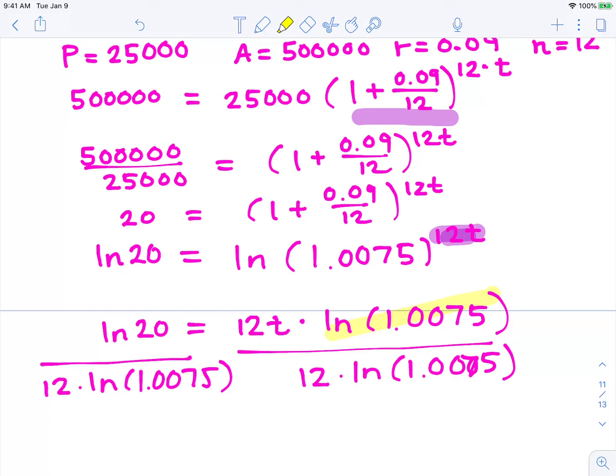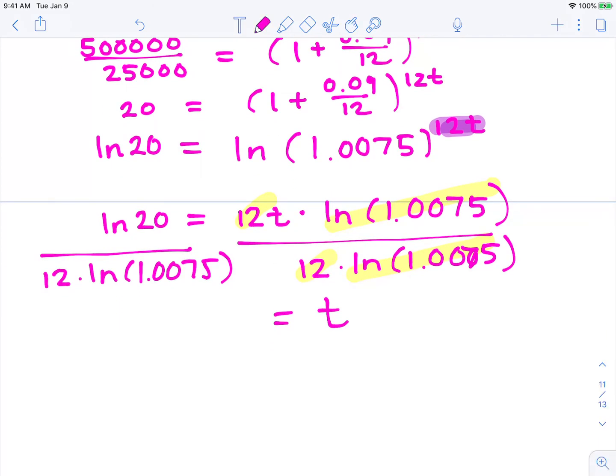The natural log cancels, the 12 cancels, and we're left with just t on the right. The left side is our fraction that we would want to type into our calculator.